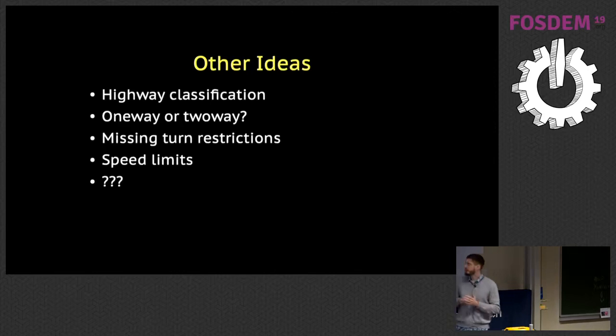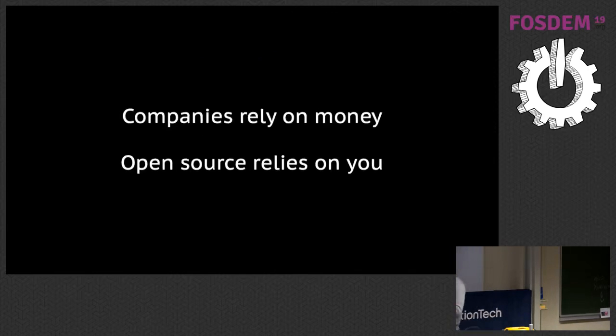So what is this all about? When a company, a corporation does something, you can believe they will follow through. They have money, they have resources, they have people that oversee the project, so they are fine with their projects. But open projects rely only on you, which means if you don't think about your open project, then nobody will.